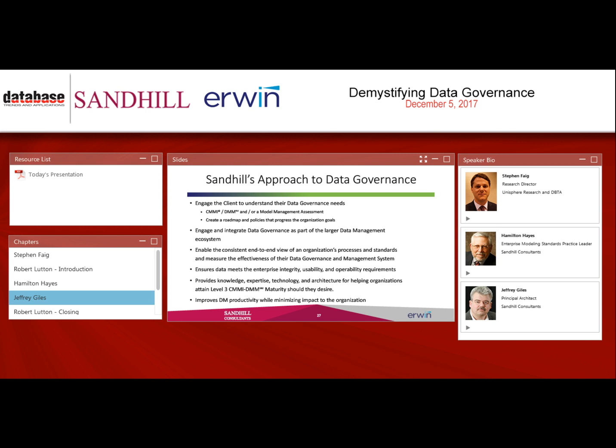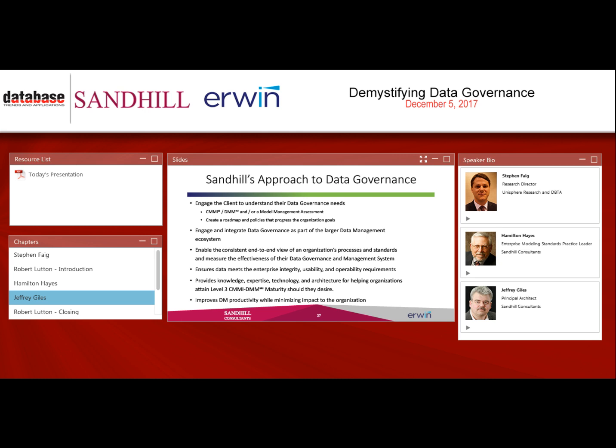A good quality, let's say, standard for naming your data elements and data objects, right? So that you don't have a data model that has CUST, C-U-S-T, C-U-S, customer, CSTMR, 5 or 6 different abbreviations for the same metadata term. So Sandhills' approach to this is to get down into the details where other people don't go, that talk about how you're going to accomplish this.